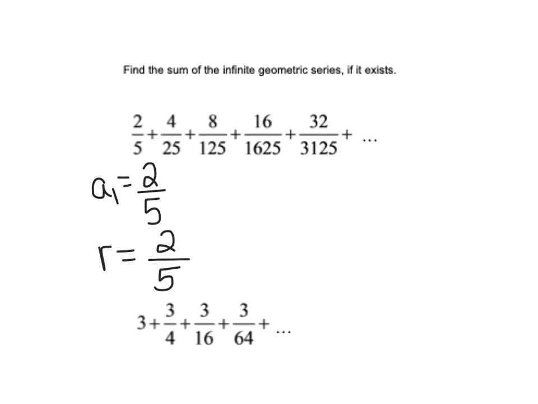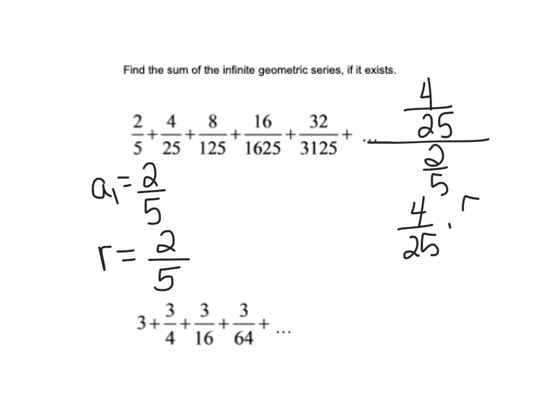So actually our ratio is 2/5. We also could have said 4/25 over 2/5 if we multiplied by the reciprocal. We would still, if we cross simplified, get 2/5.